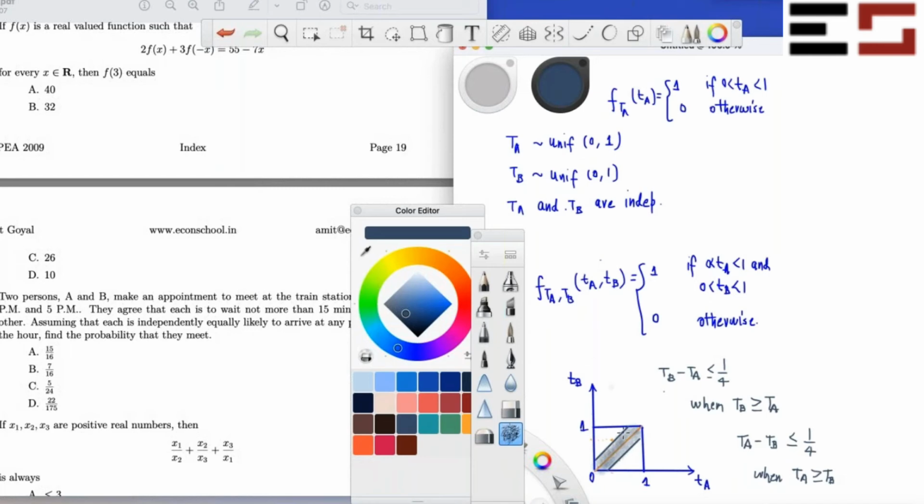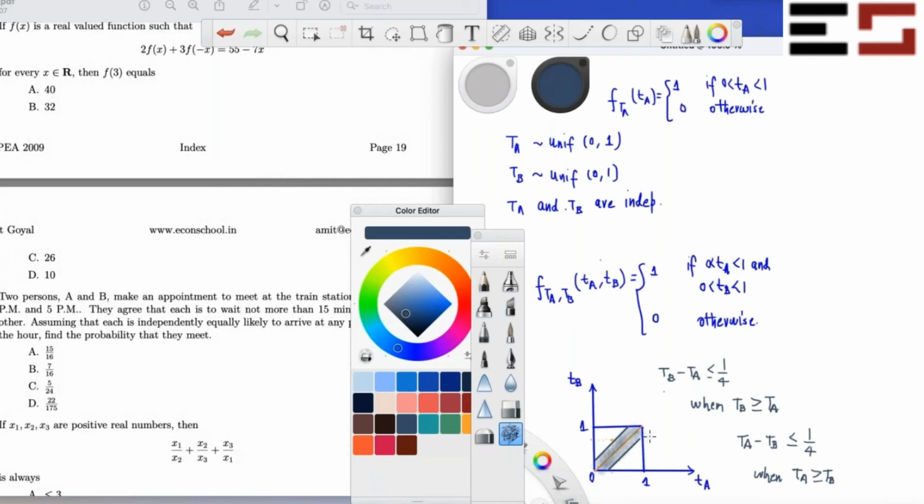And how do you figure out the probability that (TA, TB) lies in this region? You just have to integrate the joint density over this region. Is that okay? Now, can you try this on your own, or do you want me to do this? So I will try on my own.